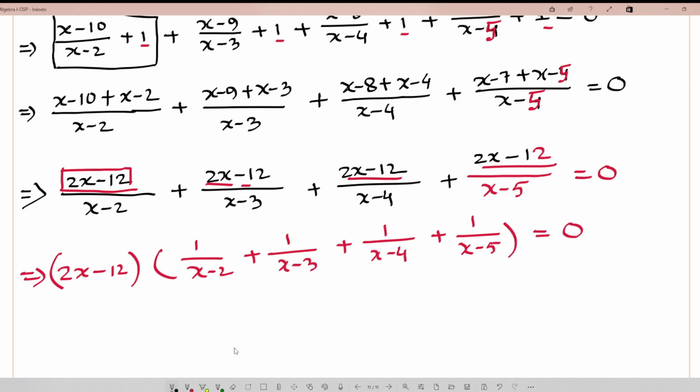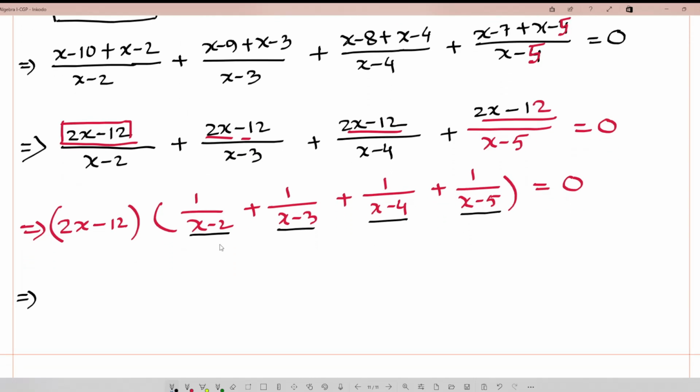Now look, here is x−2, here is x−5, we can write like this: 1/(x−2) + 1/(x−5) we can separate, and here is also x−3 and x−4. We are trying to make common things, like 2 and 5 make 7, 3 and 4 make 7.